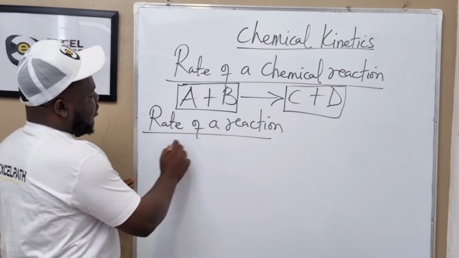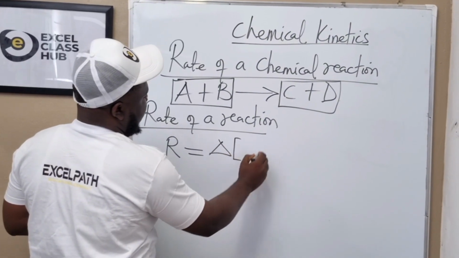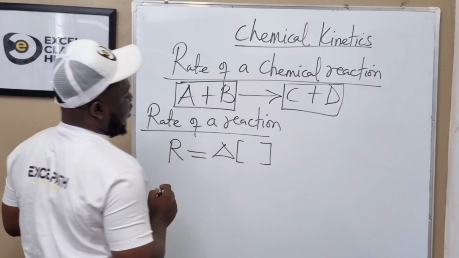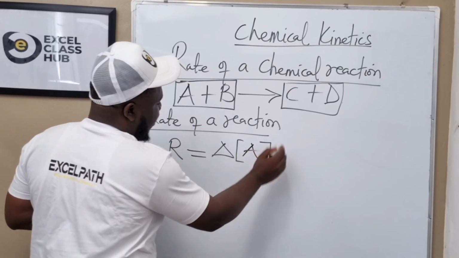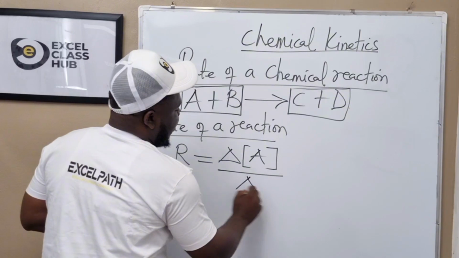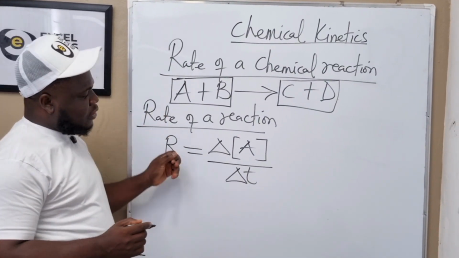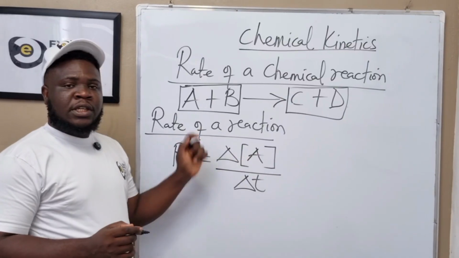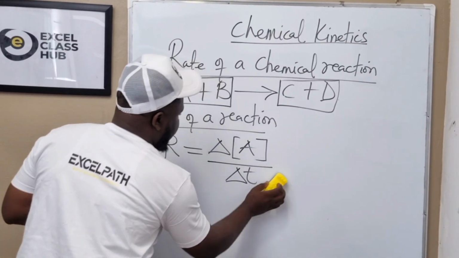Therefore, rate is the change in the concentration, where this symbol represents the concentration of either the reactant or product, say of reactant A, all over change in time. This is what we call rate of a chemical reaction.